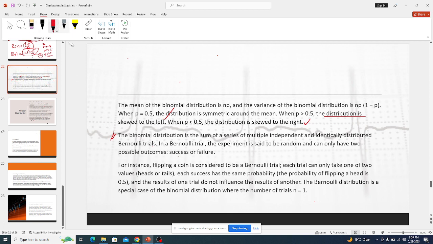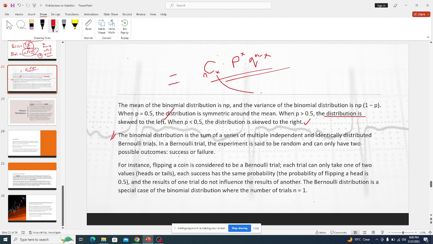And the formula was that n combined x, multiplied by p raised to x, multiplied by q raised to n minus x. This was the formula for binomial distribution.